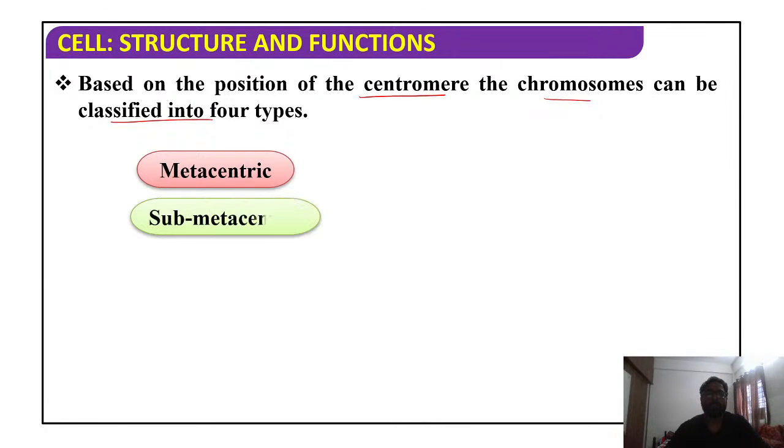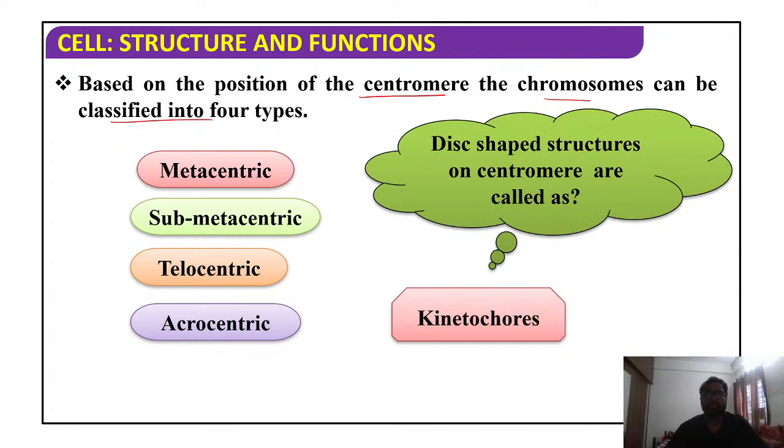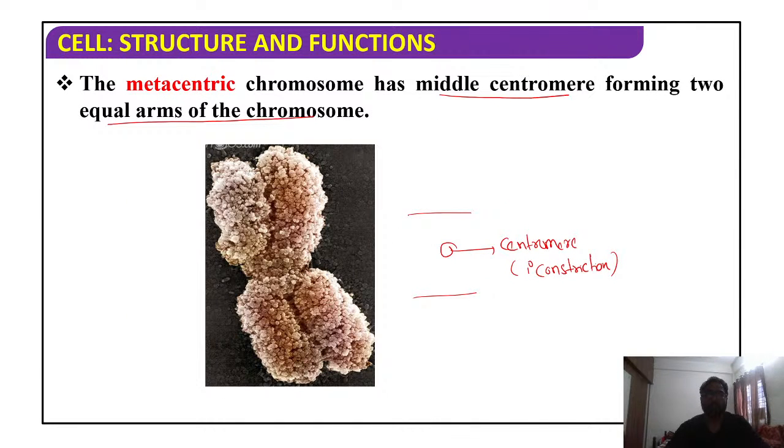Based on position of the centromere, chromosomes can be classified into 4 types: metacentric, submetacentric, telocentric, and acrocentric. Metacentric chromosome has a middle centromere forming 2 equal arms.